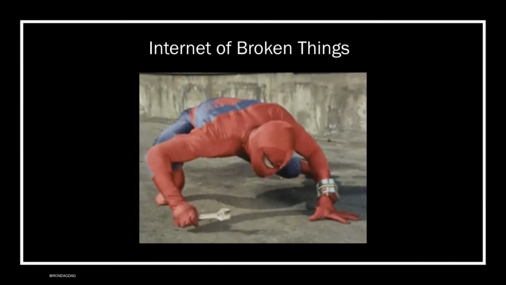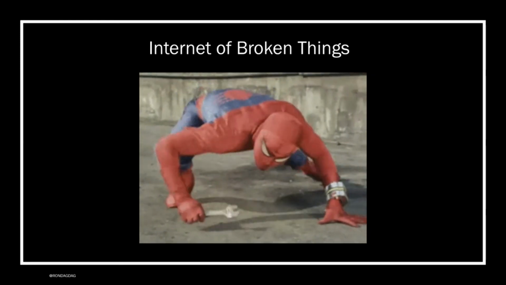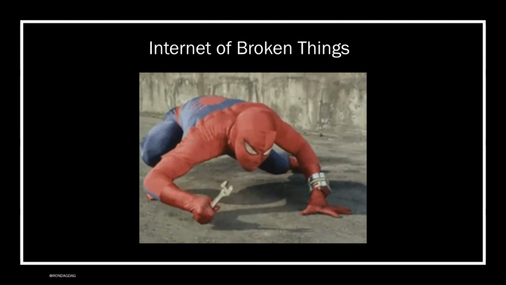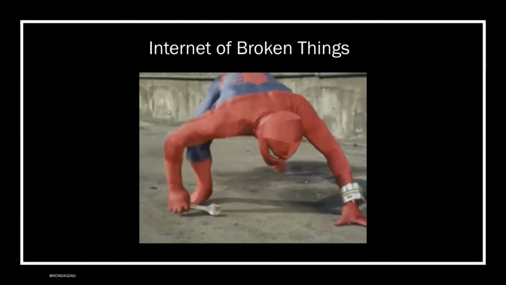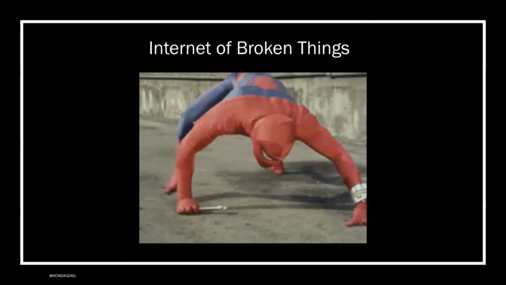And of course, if you have something that is broken, especially in the Internet of Things world, it's harder to figure out where it's coming from and what's going on, right?